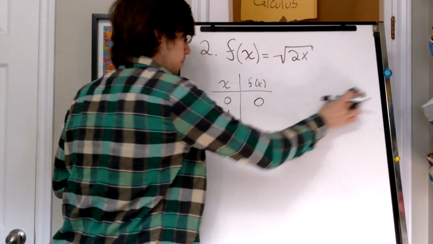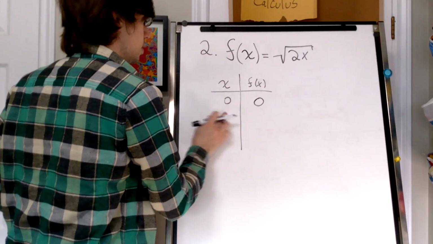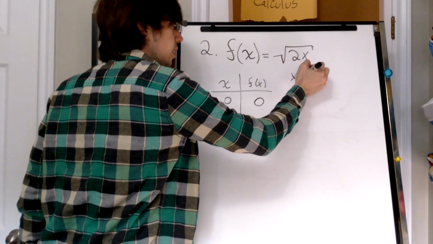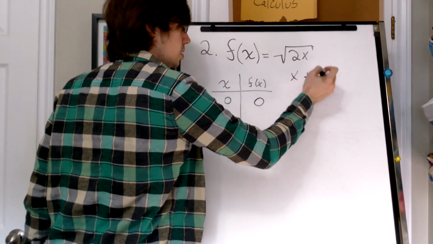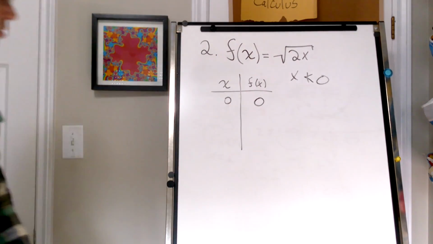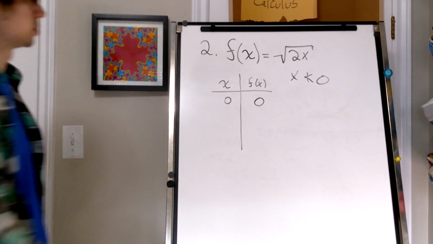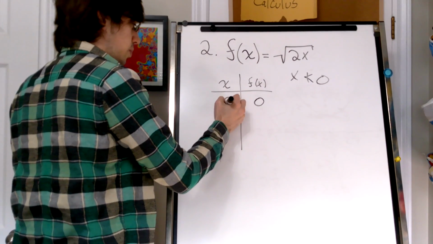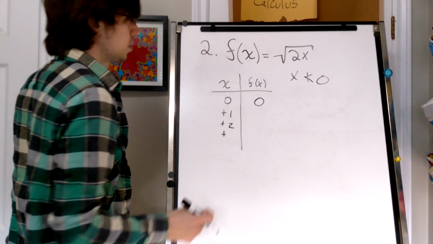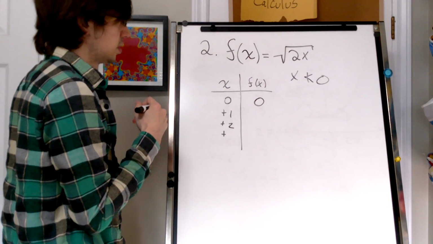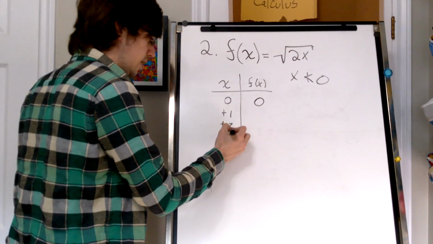So therefore, x cannot be less than 0. So all of these numbers are going to be positive. So +1, +2, positive, let's go 8.